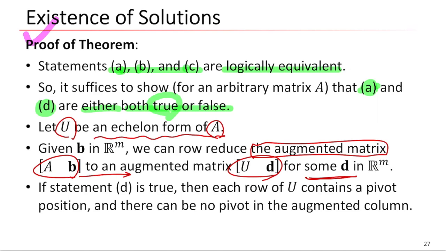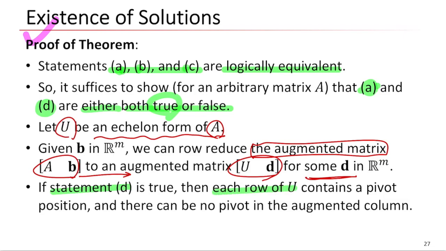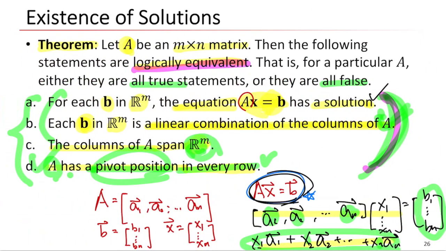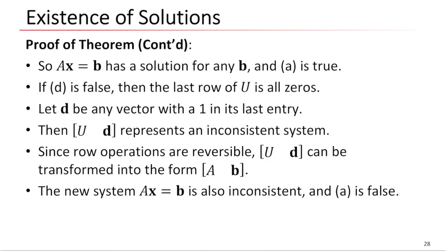If statement D holds, A has a pivot position in every row, then each row of U contains a pivot position, and there can be no pivot in the augmented column. That means there is no pivot position there.